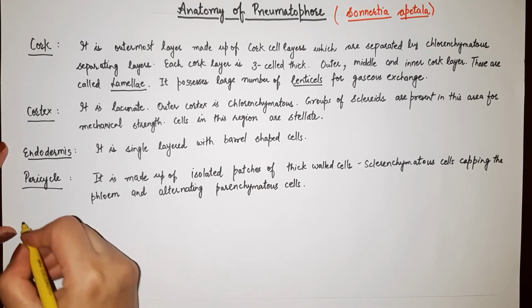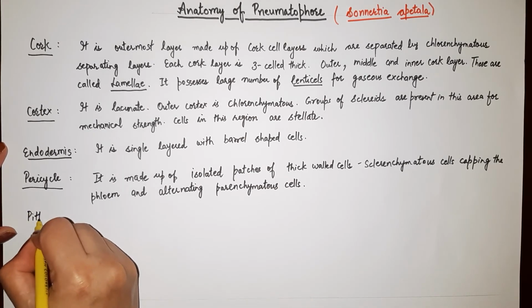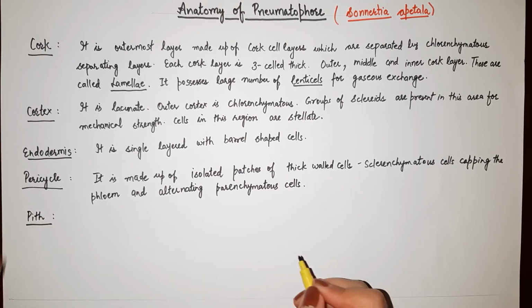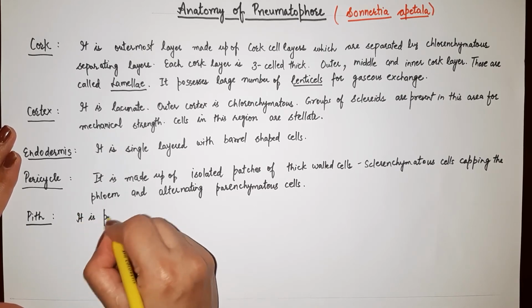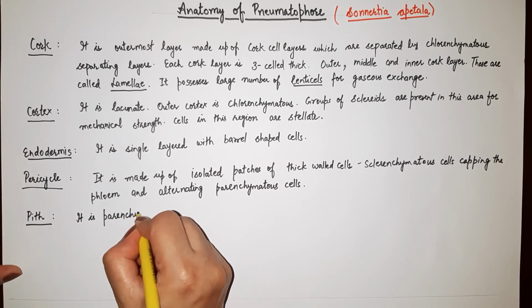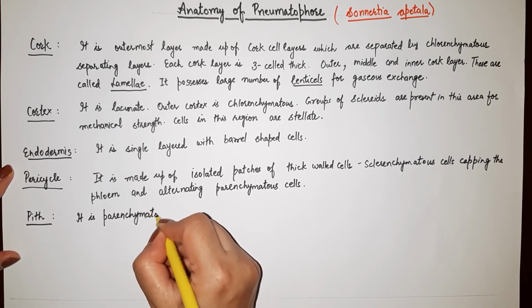Next layer is pith. We will discuss pith and vascular bundles separately, but otherwise you can mention it under stele as well. Okay. So it is parenchymatous.